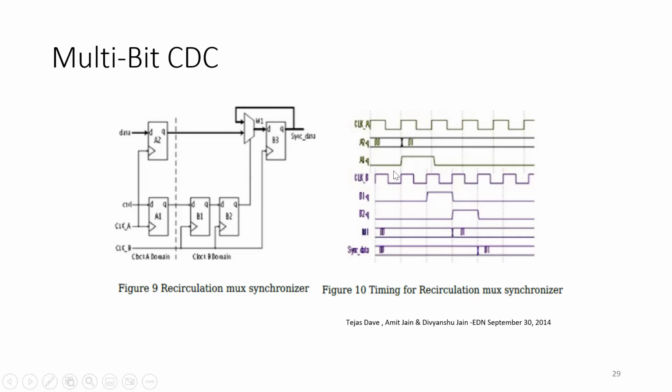So I am getting my control signal that is happening at clock A. At this point, the control signal passes through the flip-flops, and it is available here, high. Now I am taking my data upon this second flip-flop output high.